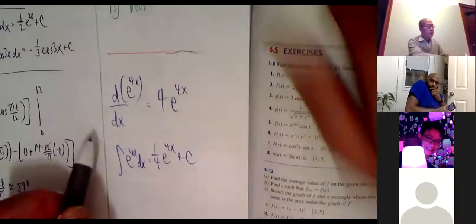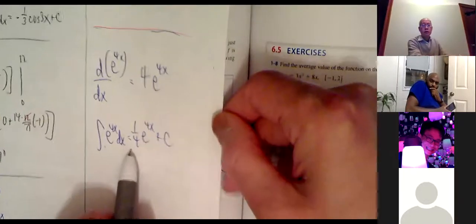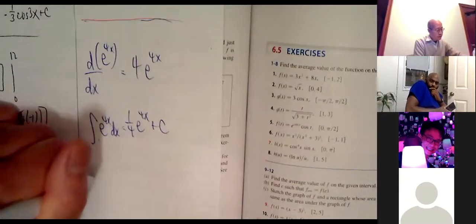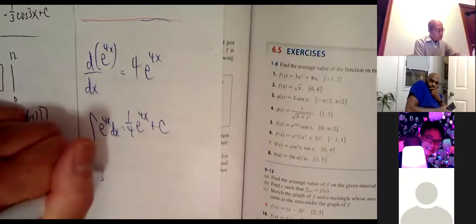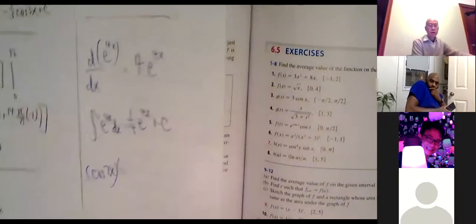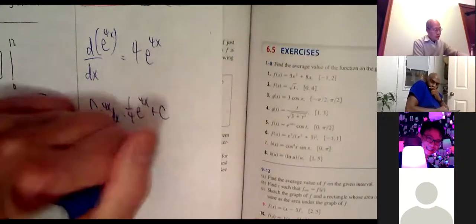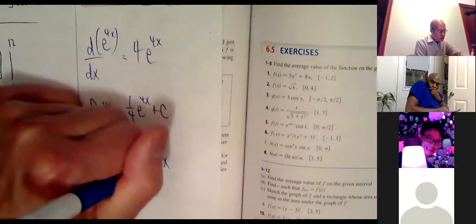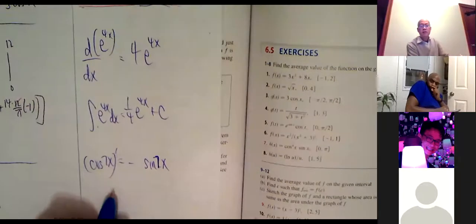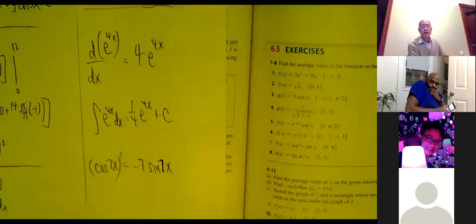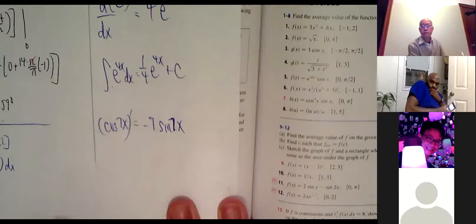So that was a shortcut that I employed way over here. And likewise, what's the derivative of cosine of 7x? Negative sine 7x, sorry, that's a 7, times the derivative of 7x, 7.